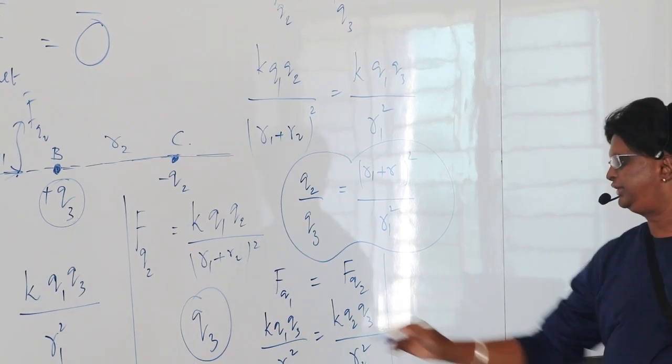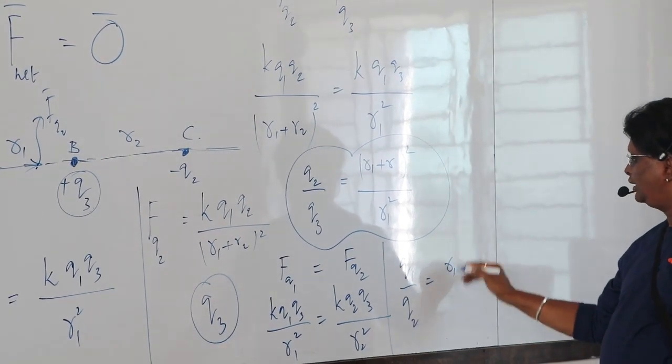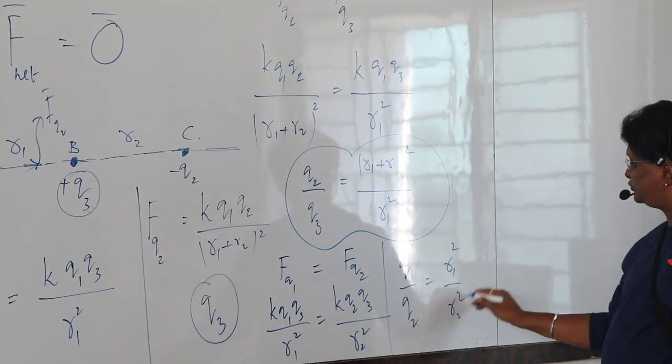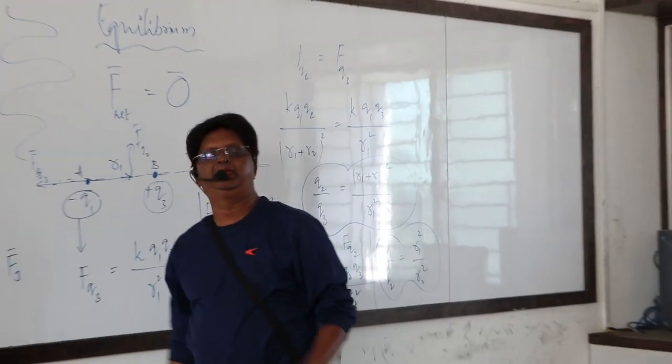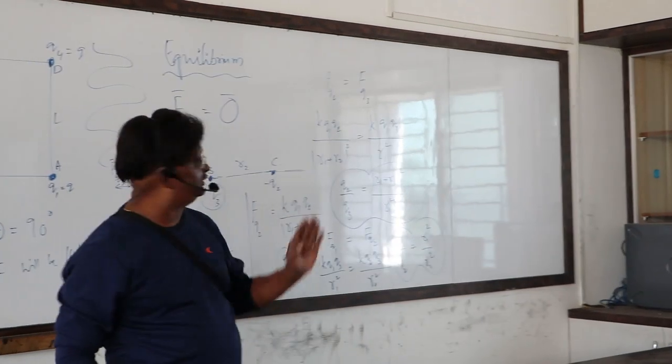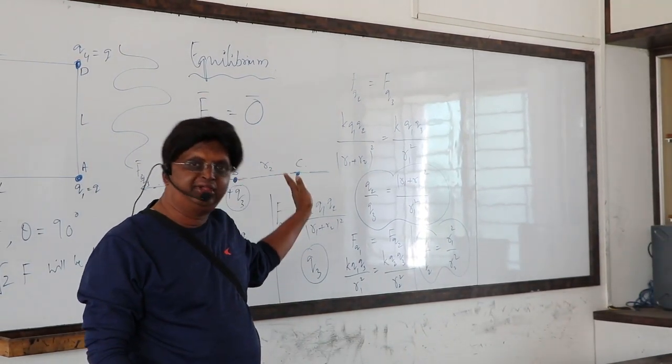A simplification will tell you that Q1 by Q2 is equal to R1 square by R2 square. In this case, the middle charge can be in equilibrium. The same way you can also check the equilibrium for the other charge C as well.